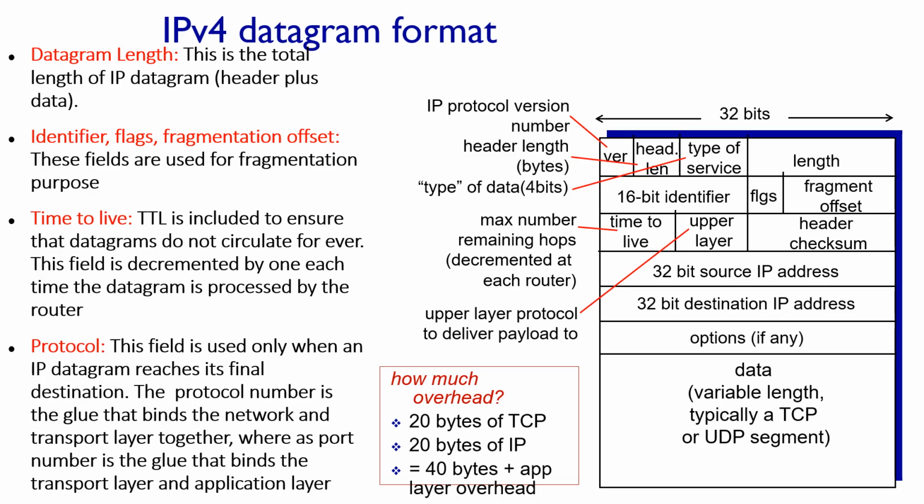The protocol field is used only when the IP datagram reaches its final destination. And the protocol number is the glue that binds the network and the transport layer together. But the port number we studied in previous classes, the port number is the glue that binds the transport layer and the application layer.